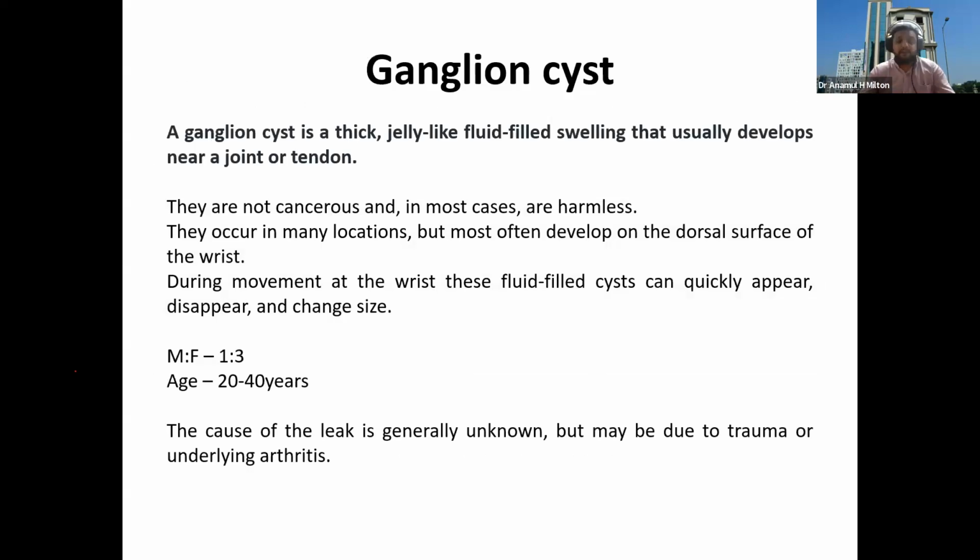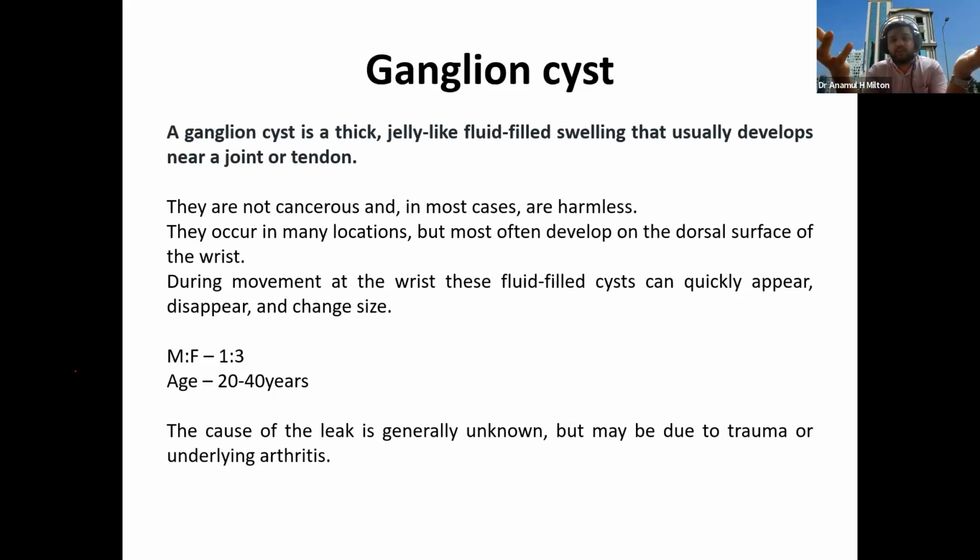Okay, now the ganglionic cyst is a collection of thick jelly-like fluid in a single cavity, mainly on the dorsal side of the wrist. Sometimes this collection is so thick that we cannot aspirate it with a 21 or even 20 gauge needle.